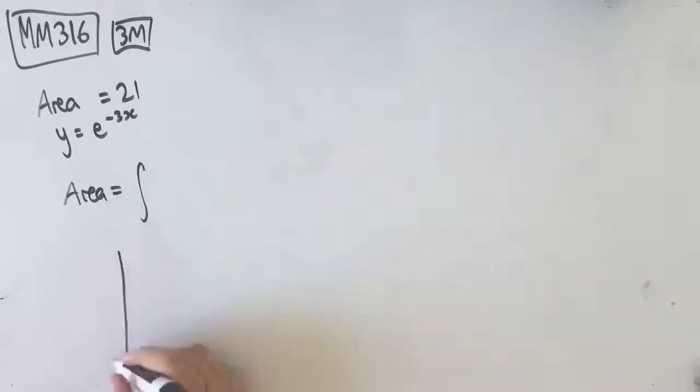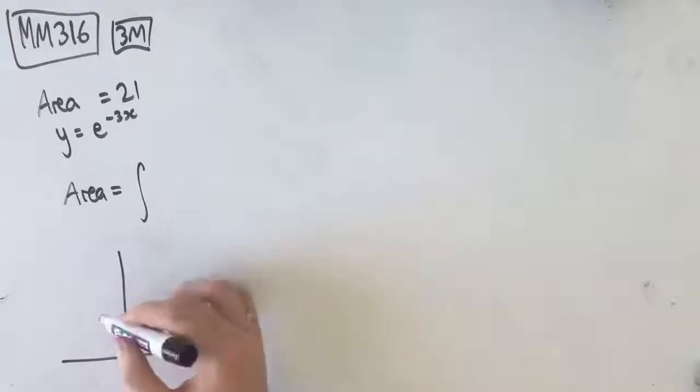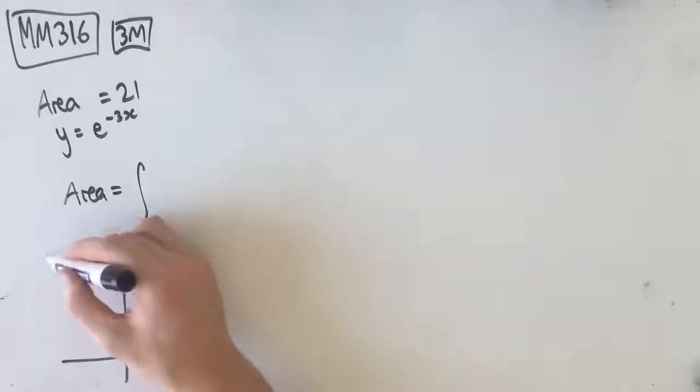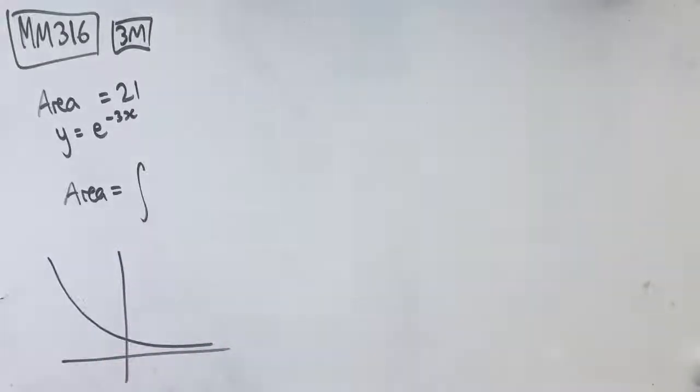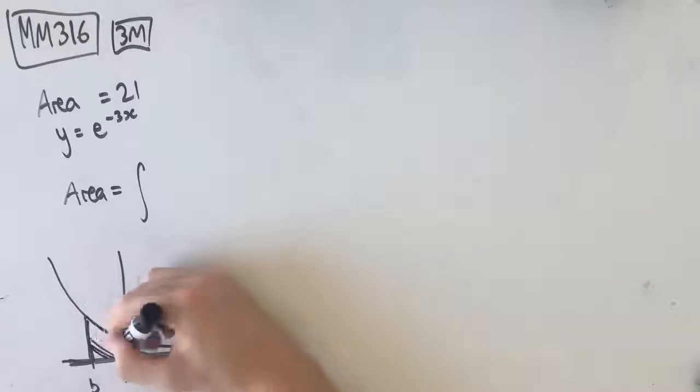So just to quickly draw this, y equals e to the negative 3x looks something like this, okay? Which means that we're finding the area bound by the y-axis, so this bit here, the x-axis, the line x equals b, where b is negative, so call this line b, and the curve here. So this is the area that we're looking for.